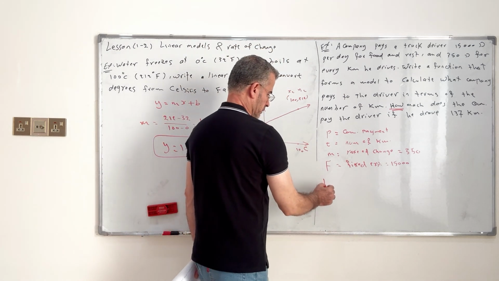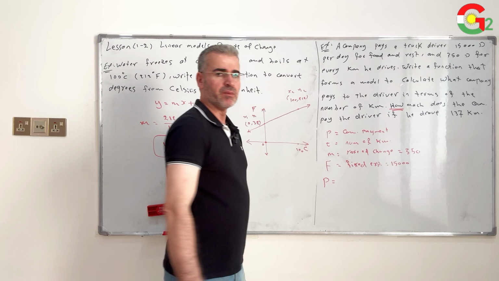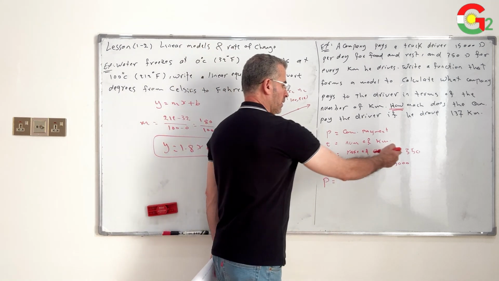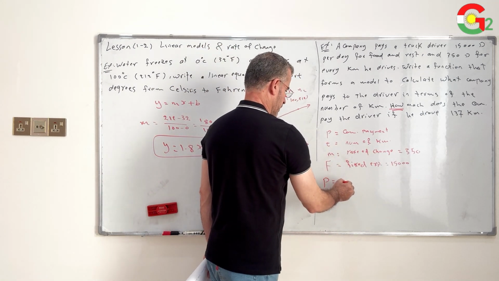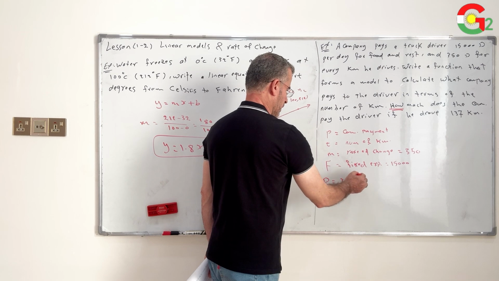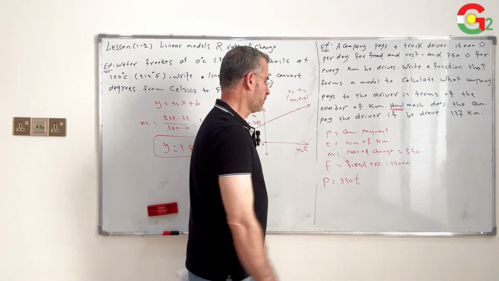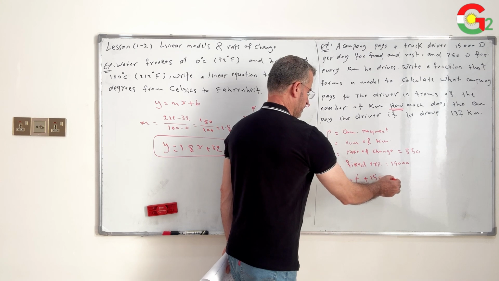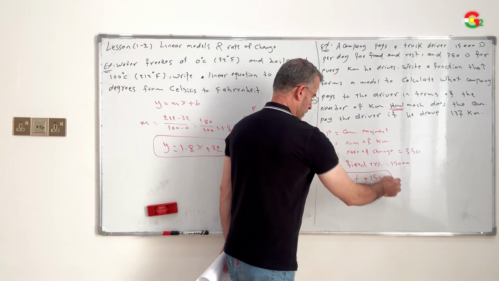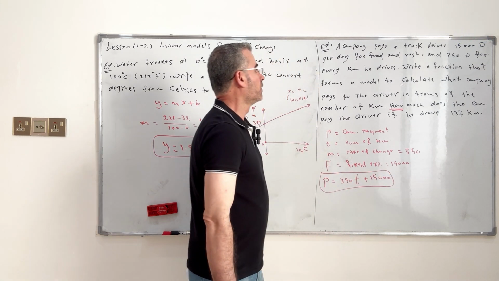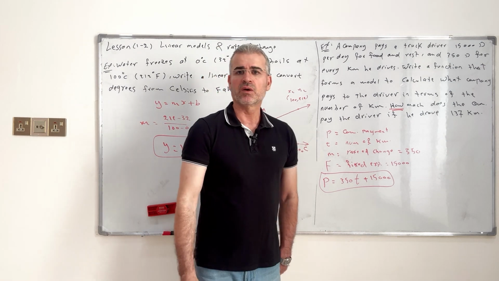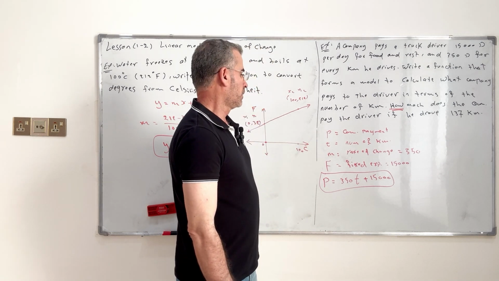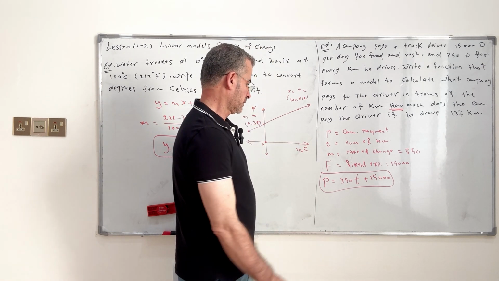Now, the company payment is the rate of change, 350 dinars, times the number of kilometers plus fixed expenses. This is the equation of company payment to the driver.